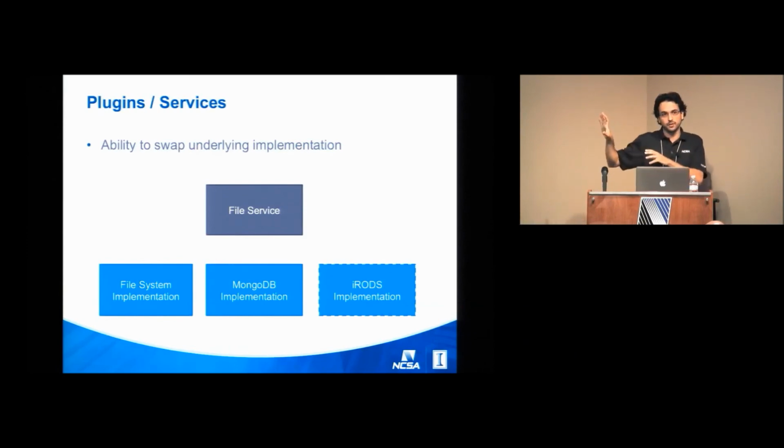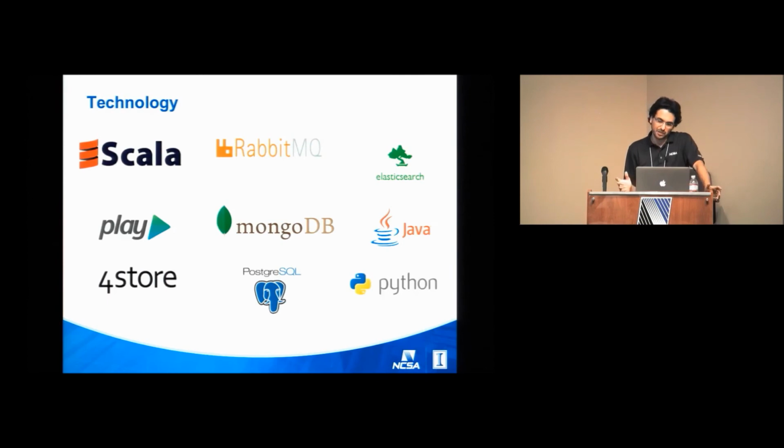But it's very important because this is what lets the system be adaptable to different use cases outside of our specific deployment. This is a bunch of technology for the geeks in this room. If you have any comments or questions about them, you can ask.